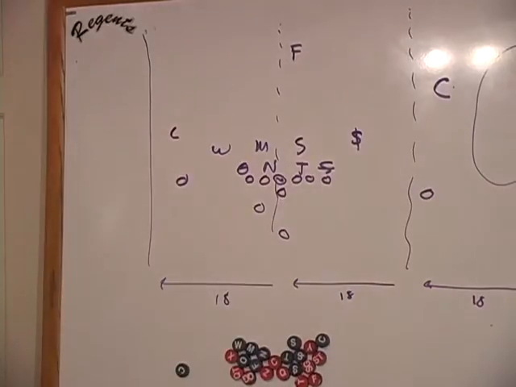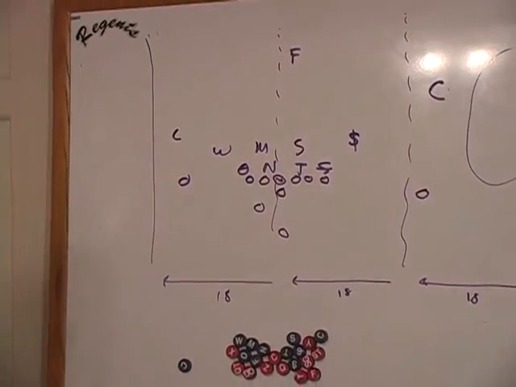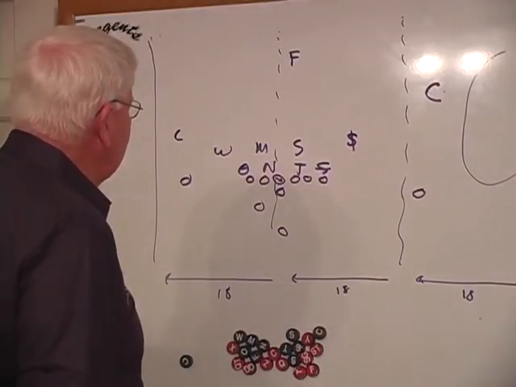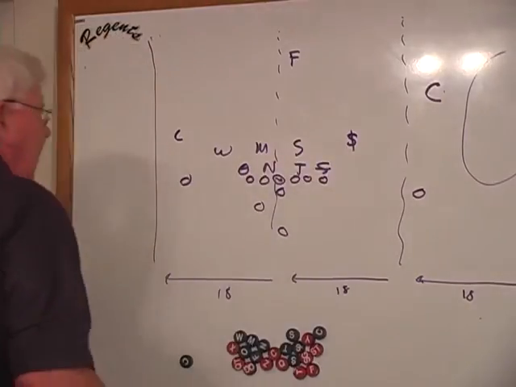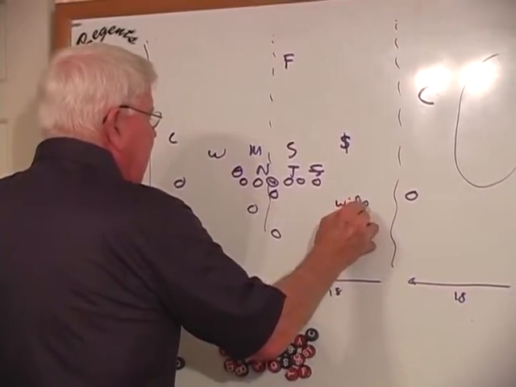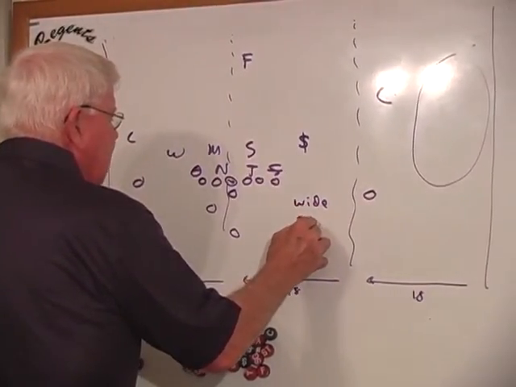And so what they've got is they're able to use their strong safety, who would be one of their better players, and they defense the wide side of the field and the strength of the formation.